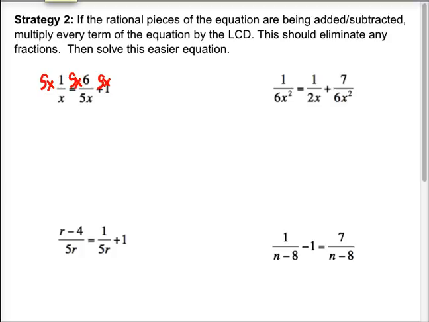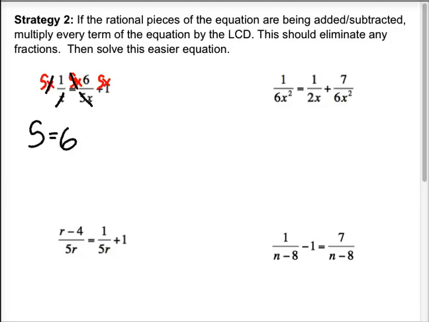When I take the 5x times the 1 over x, the x's cancel out, x divided by x. So all I have left is 5 times 1, which gives me 5. When I have 5x times the 6 over 5x, this time both the 5 and the x cancel out, and all I have left is 6.